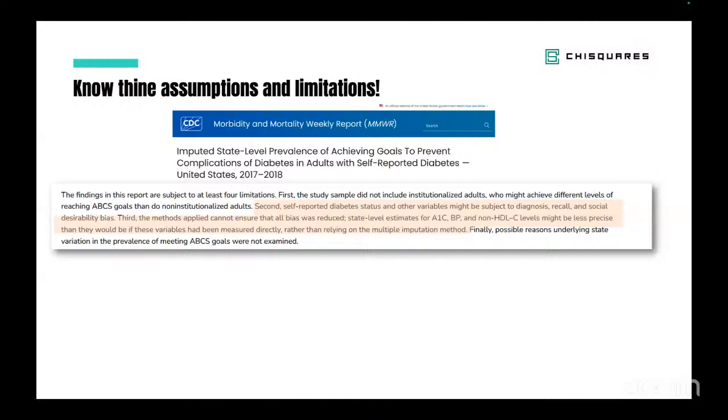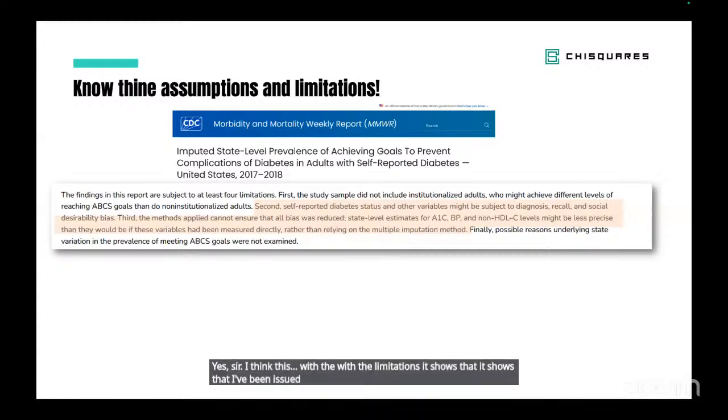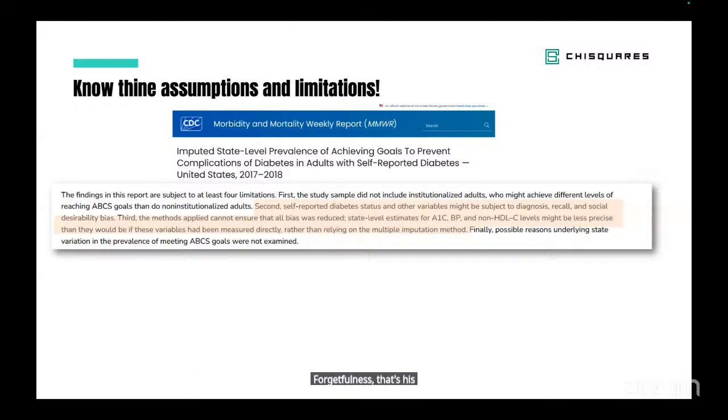Yes. I think with the limitations here, it shows that ab initio the patient or the subject could also be implicated in the missingness of data as secondary to their forgetfulness, that is recall bias.